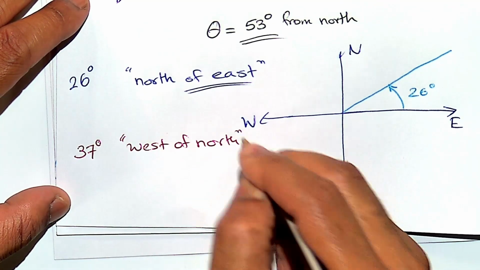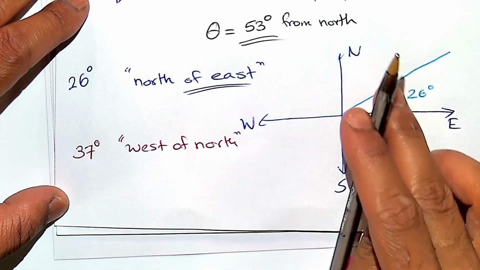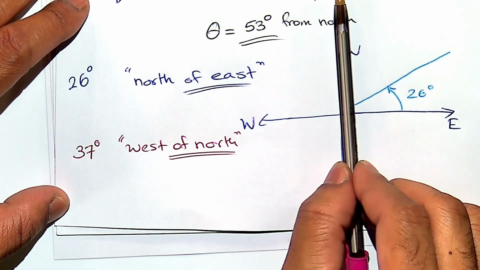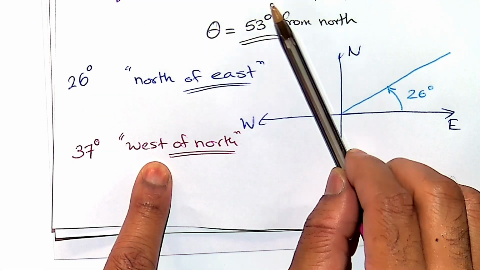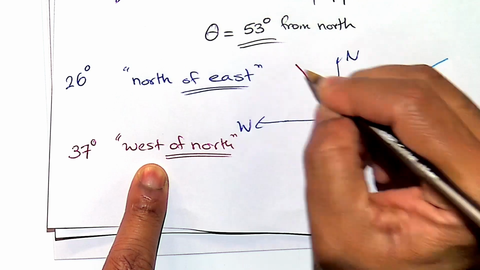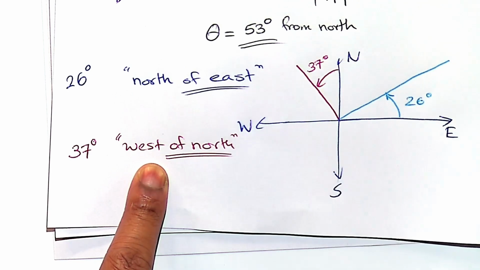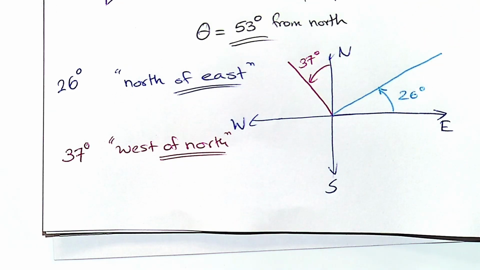So west of north. If that's the case, what you're saying is, okay, of north, start north, and then rotate 37 degrees westward. And this is your 37 degrees. If you had a diagram, it's a lot easier to show which way the angle goes. But if you have to use text to portray this angle, it's not as obvious as it seems.